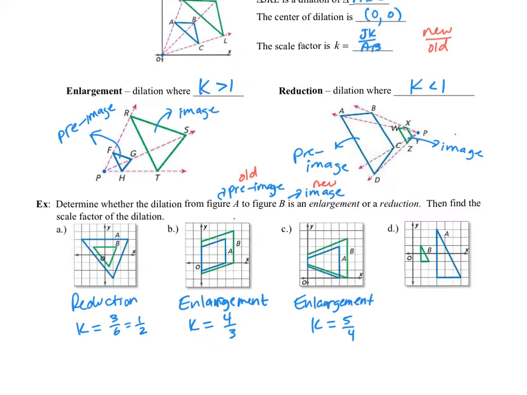And then the last one, if we're going from A to B, that looks like it's a reduction. And we can show that it's a reduction by looking at the scale factor. So I'm going to take a measure of a side of the image and compare it to a measure of the side of the pre-image. So that would be 1 to 3, which is definitely less than 1, as it should be since this is a reduction.